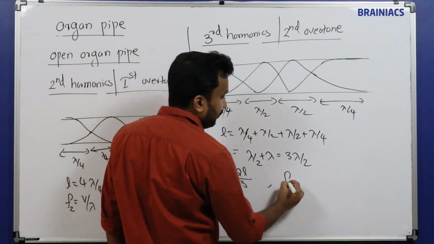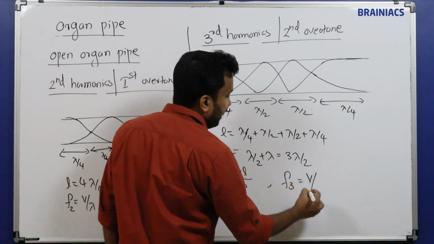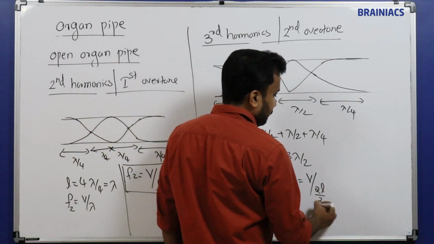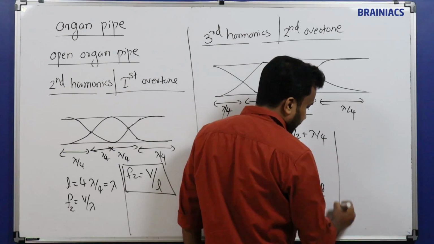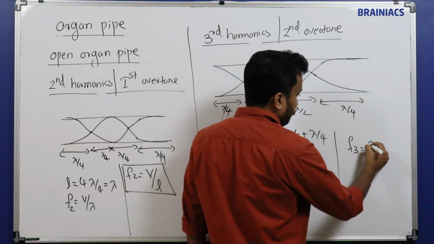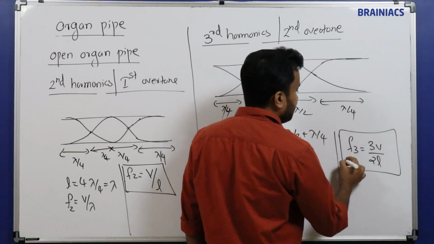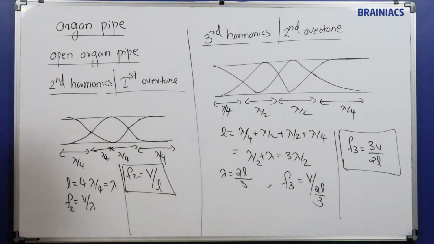What is the third harmonic frequency? V by lambda, and lambda is 2L by 3, so we get F3 is equal to 3V by 2L. This is called the third harmonic, and this is the second overtone.